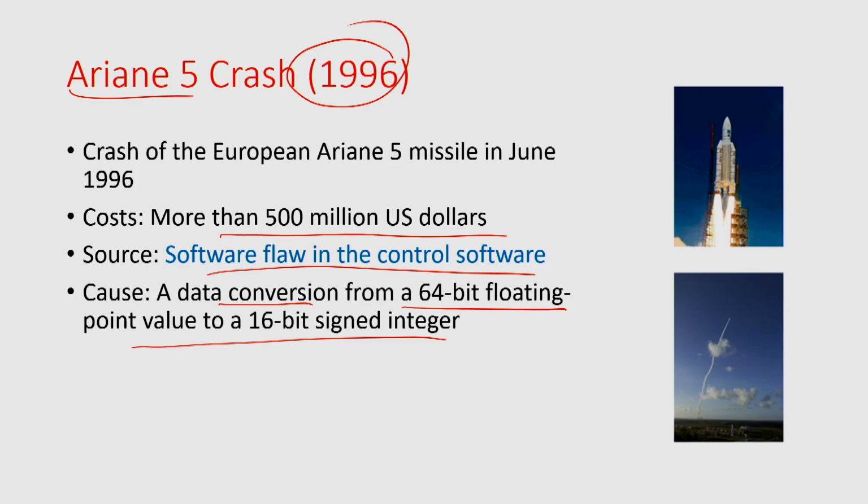So again, I try to highlight the bug is not very critical, right. It is something we do every day in our coding, right. We try to convert our data from 64-bit to 16-bit and so on, and it's just some problem in that particular conversion that triggered something unwanted, right. So the control software was supposed to do something, it did something else, right. Again, it shows that it lacks verification. It could have been verified properly, then this flaw could have been identified early, right.